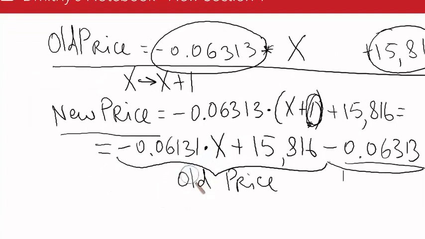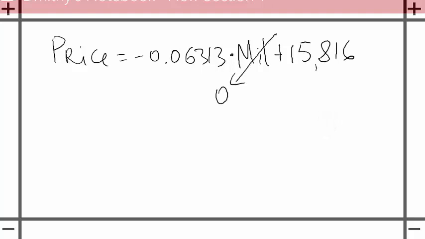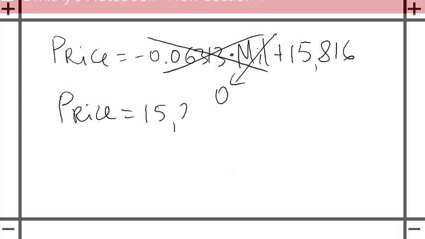Now, how do we interpret the intercept? So again, here's my model: price equals negative 0.06313 times mileage plus 15,816. Well, this one is actually even simpler. What happens if I set mileage to 0? Well, this term essentially cancels out completely, and the price is equal to 15,816.